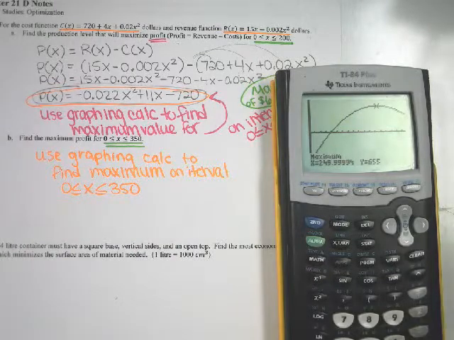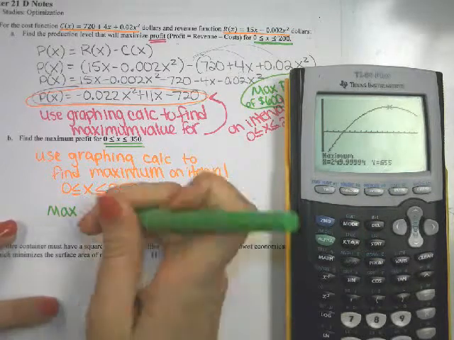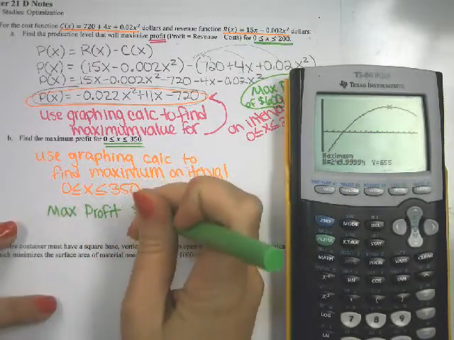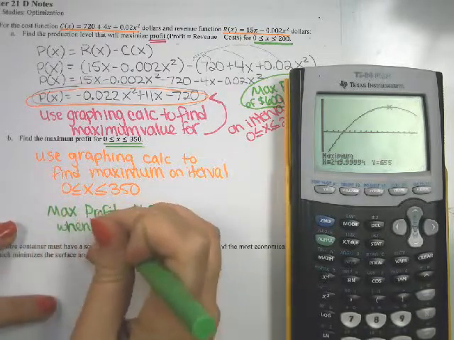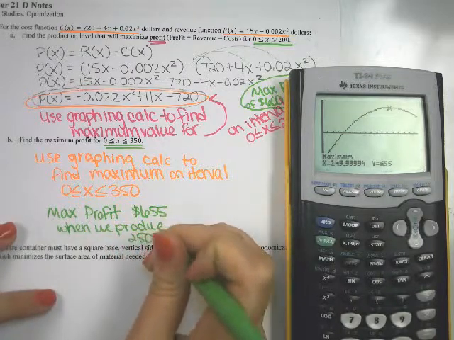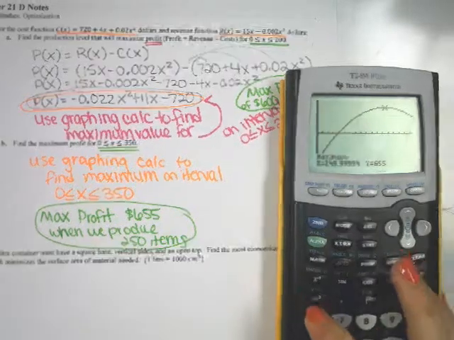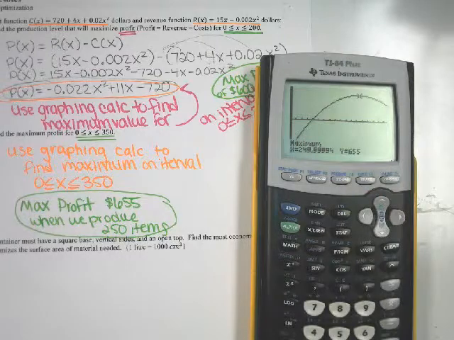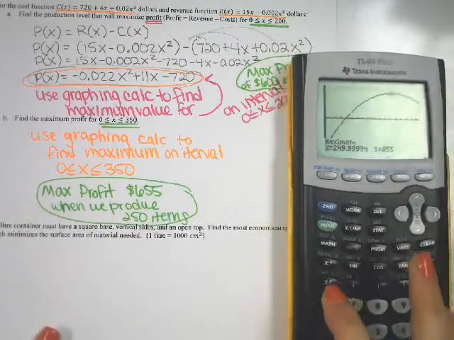So our max profit is $655 when we produce 250 items. This is a matter of using the buttons in your calculator, knowing how to scale your window, knowing how to use your table to find values, so it's kind of a graphing calculator technique.